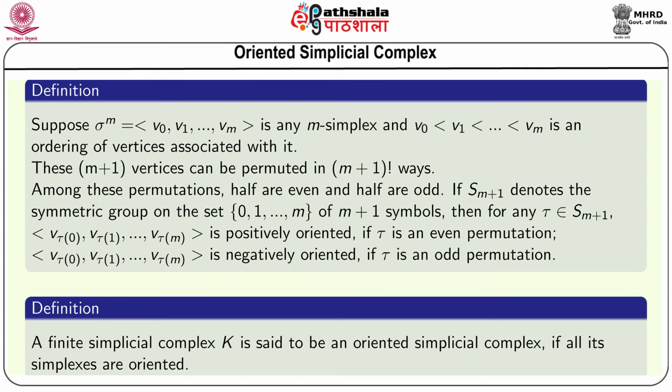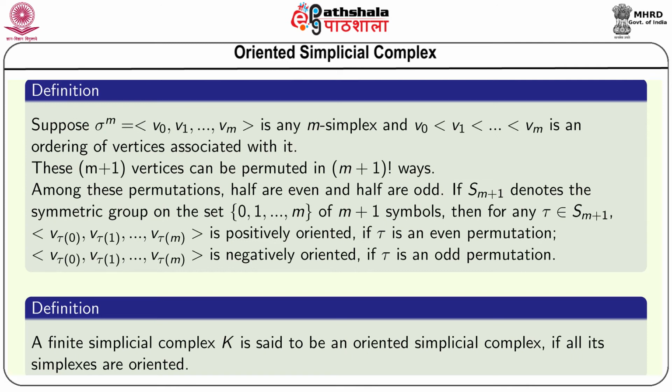So, if sigma m is an m simplex with ordering of its vertices as V0 less than V1 less than up to Vm, then these m plus 1 vertices can be permuted in m plus 1 factorial ways. Among these permutations, half are even and half are odd.